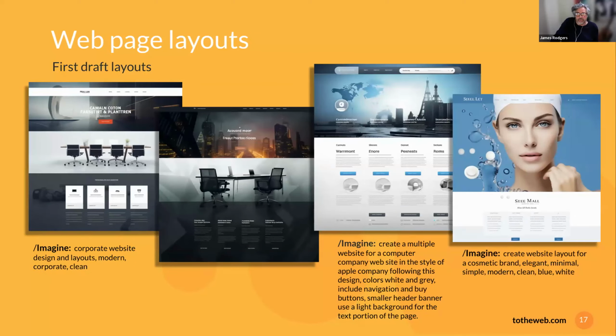These are examples of websites. We call them first draft layouts because obviously the text is not real. It looks kind of real, but it doesn't say anything. You can do layouts for web that give you really beautiful ideas for a website.